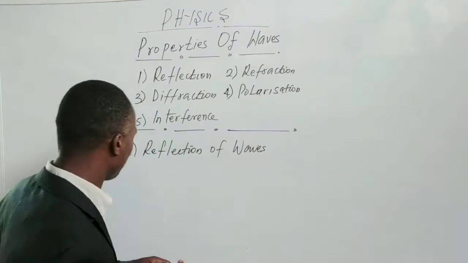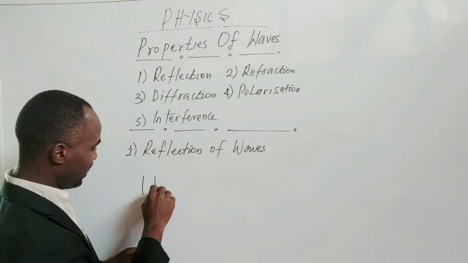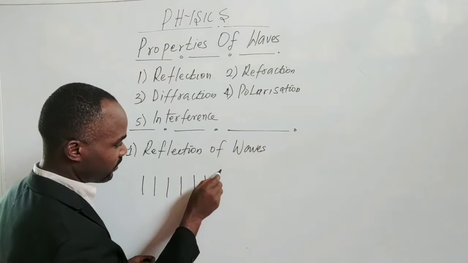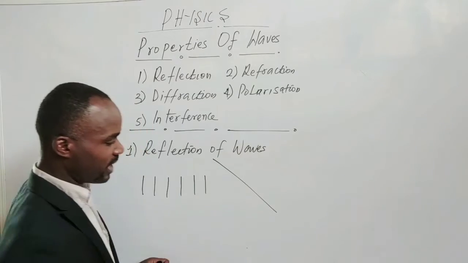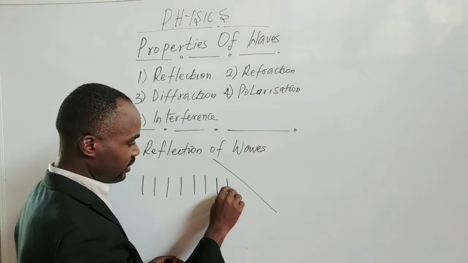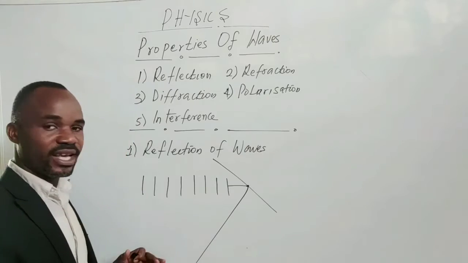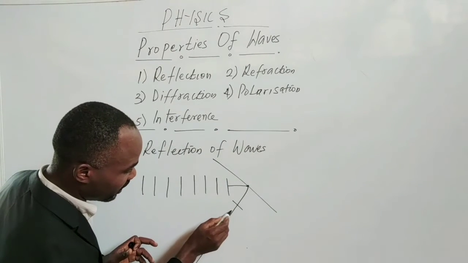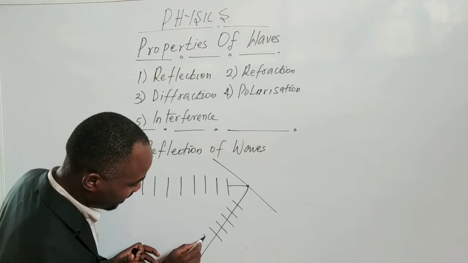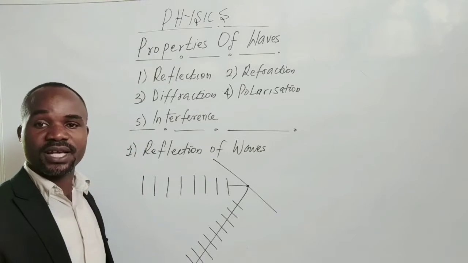Let me explain what I've just said. Let's take this as a set of waves moving in a given direction and meeting a plane surface at this point. They bounce back as another set of waves in a definite direction, given as follows.